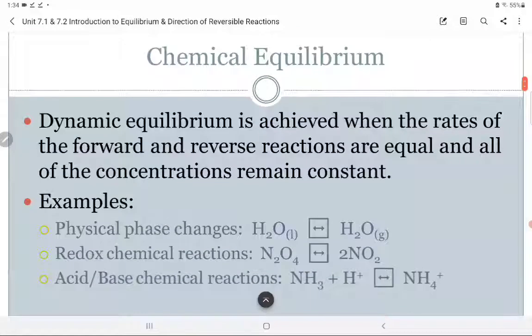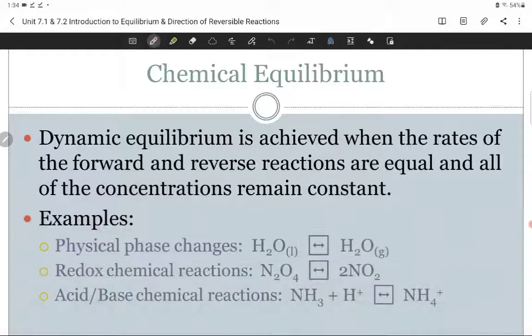And so you may have, again, remembered your definition of equilibrium from biology class, but we're revisiting that now. Dynamic equilibrium, and the word dynamic is extremely important in this case. Dynamic is going to be that it never stops. Things are going to be constantly moving.